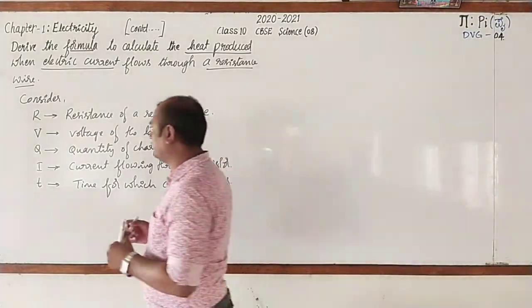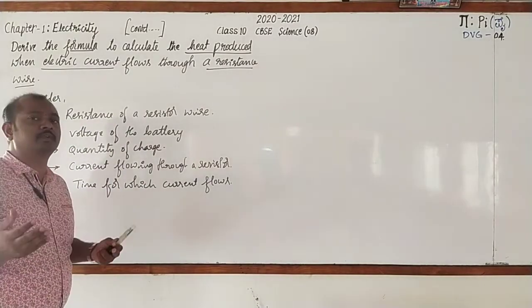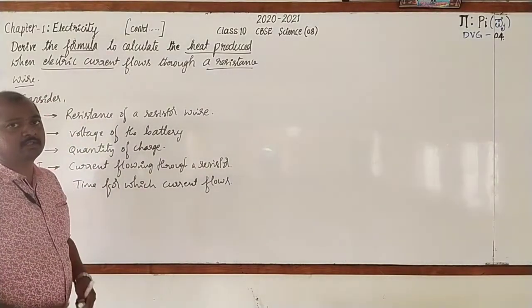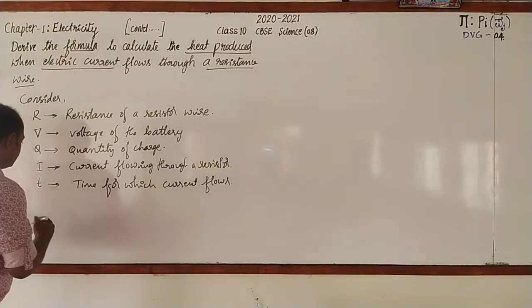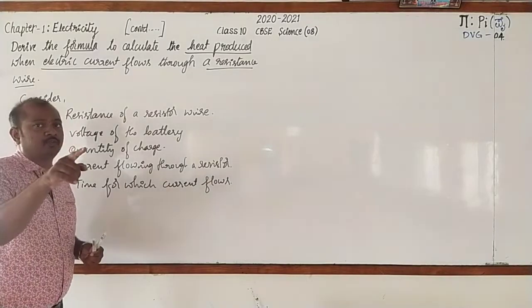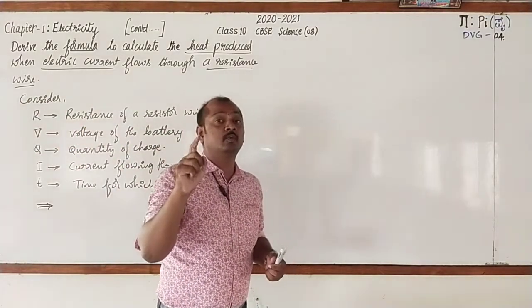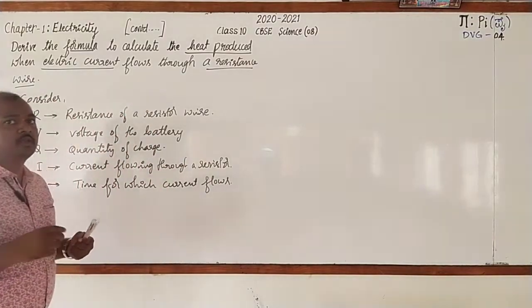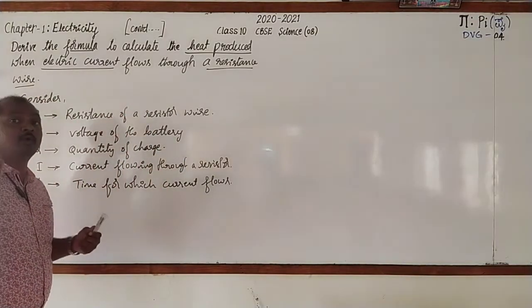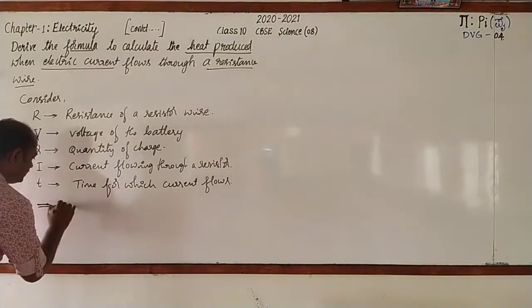For derivation, I'll go for using some other equations or formulas that we have discussed in the previous periods. Here, if the current has to flow, that is the charged particles have to move, then work has to be done. So how do you represent the work done in moving the charged particles? Yes, here I write.